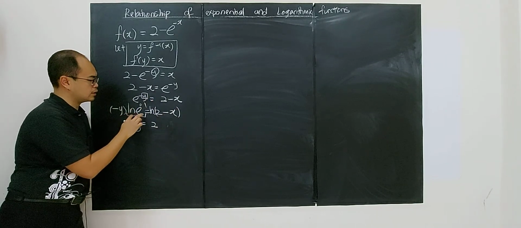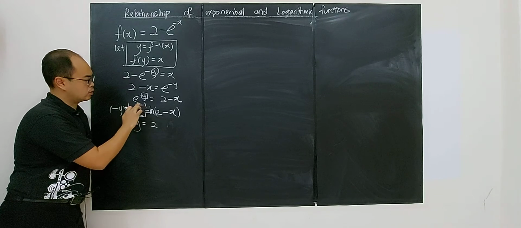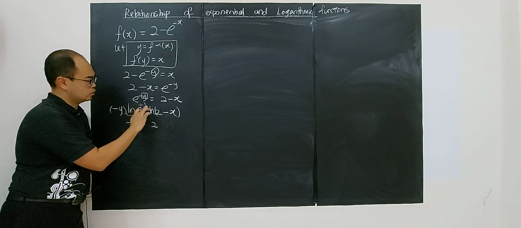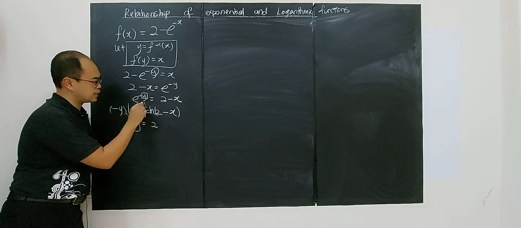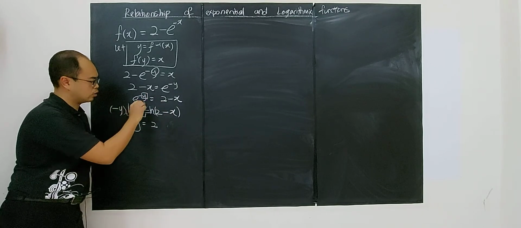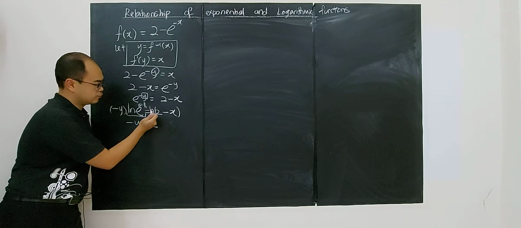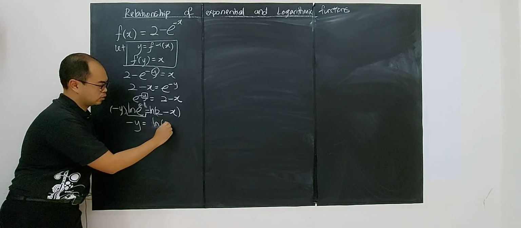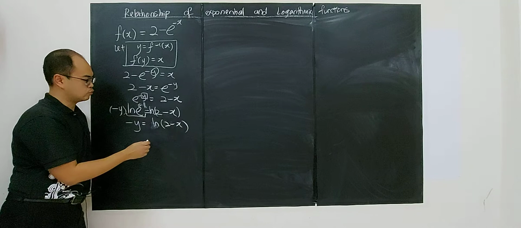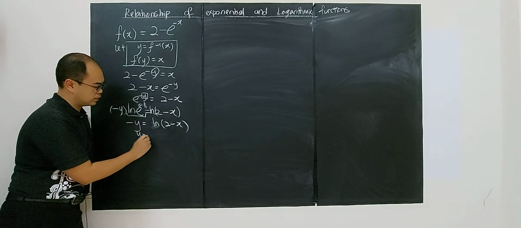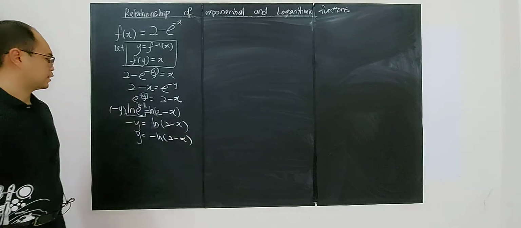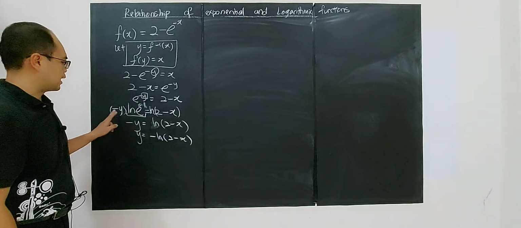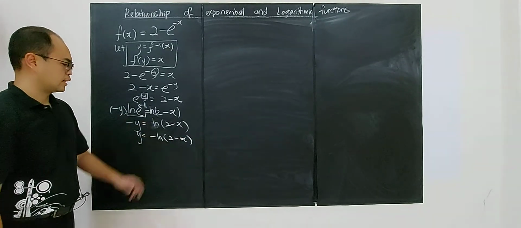So it's ln of e to the power of negative y, and you bring down the negative y, and on the other side you have ln of 2 minus x, and ln e is 1. So you have negative y equals ln(2 minus x), and y will be negative ln(2 minus x).